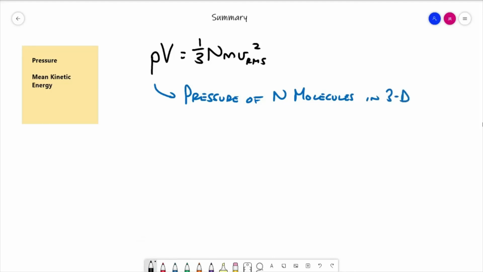And then finally, the mean kinetic energy of a gas is equal to 3 over 2 times Boltzmann's constant times the temperature.